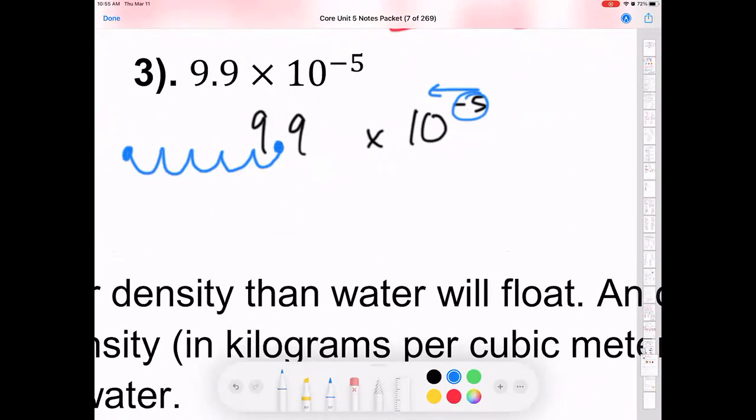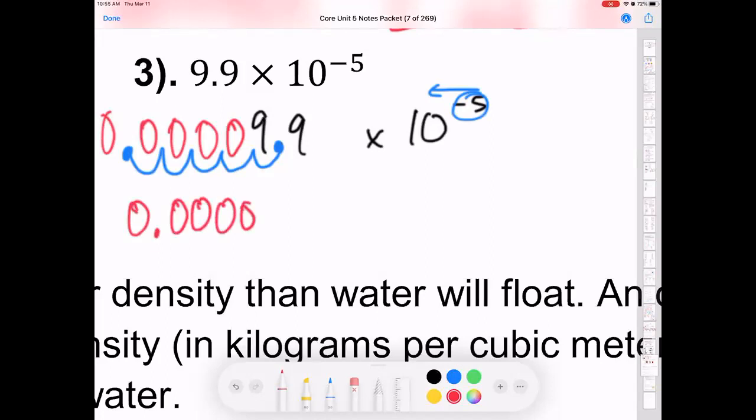Anywhere we see those little bumps, we throw in a 0. And then that extra 0 in front. So the final answer is 0.000099.